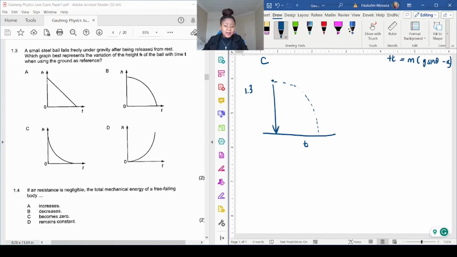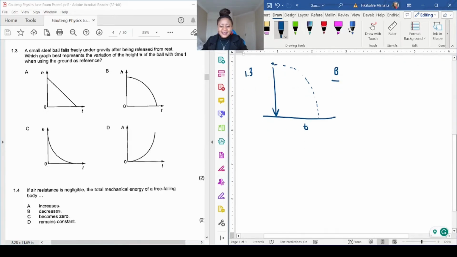It's more of a parabola, because the motion is that of a projectile, so you get the parabolic shape. If I look at B versus C versus D, B has to take the prize. C and D, no. Let's just go with B. All right, and then 1.4.